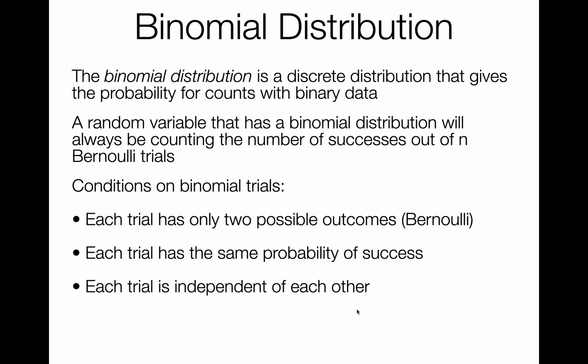The second condition is that each trial has to have the same probability of success. As the trials go on, they can't have different probabilities. A situation that's often used for the binomial distribution is shooting free throws in a basketball game. You have some set probability of success, and each time that you shoot, that probability stays the same.